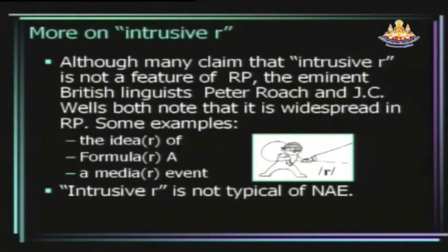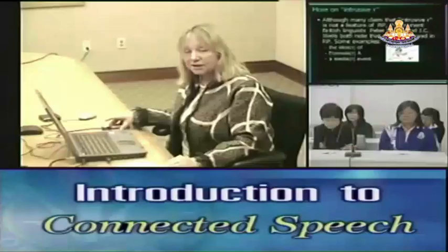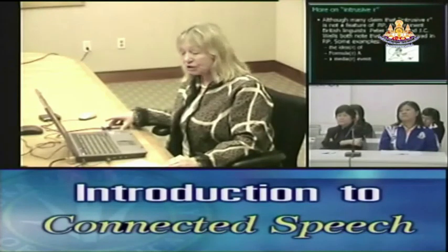This would not happen in American English. So this is one of the big differences between British English and American English when we talk about connected speech. British English uses linking R, American English does not.